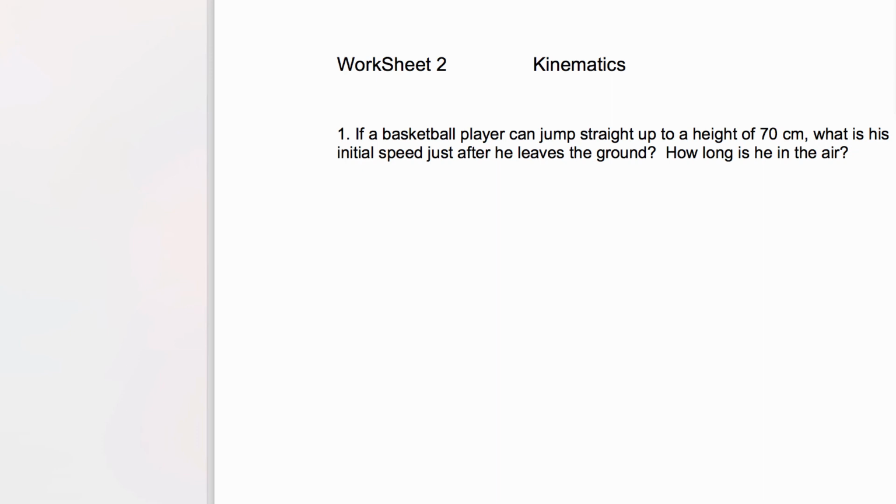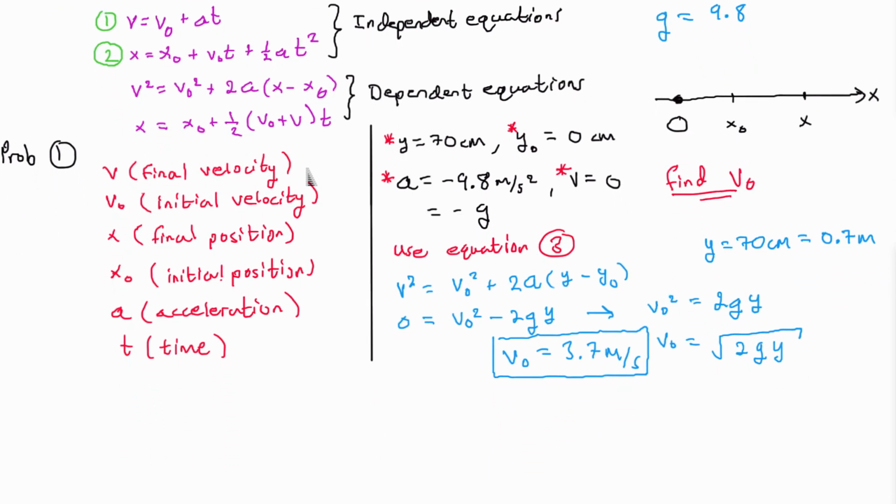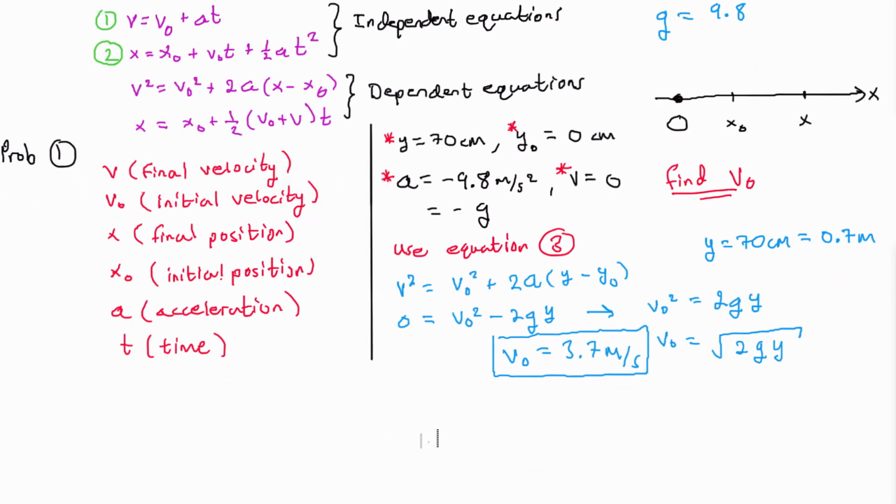So now that you have V naught, you can go into the first equation and just solve for T. We find that V is 0 already, so now we have 0 is equal to V naught minus G times T. Always remember that A becomes a minus G. Which means that V naught is equal to G times T. T is equal to V naught divided by G.